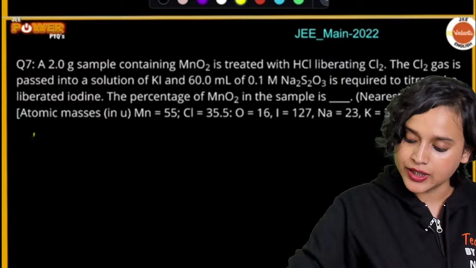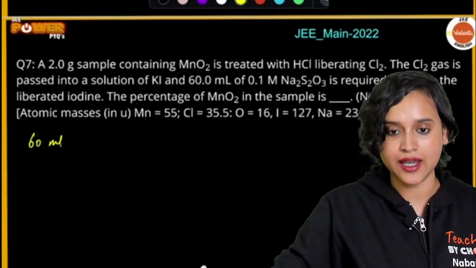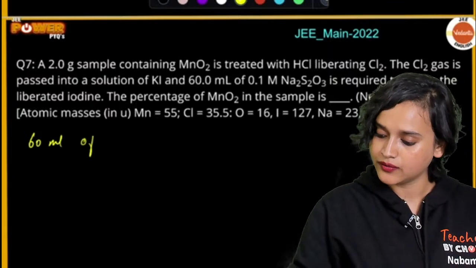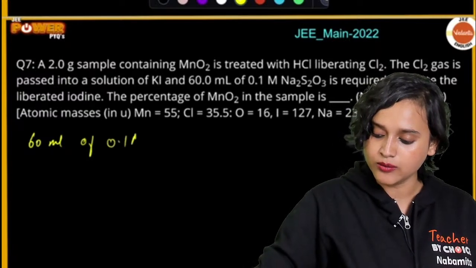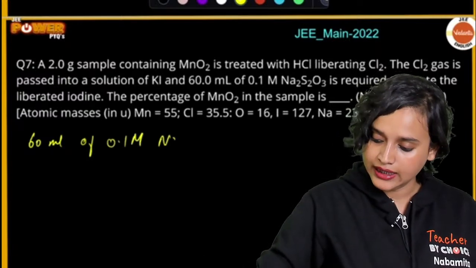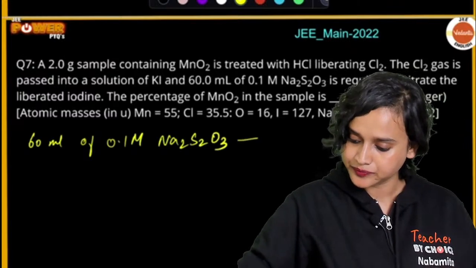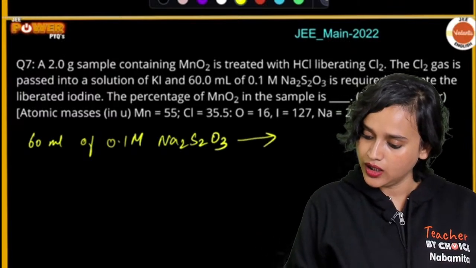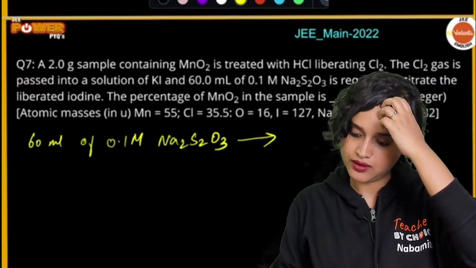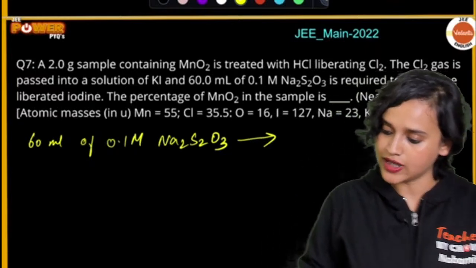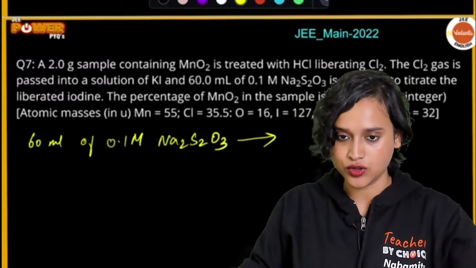So basically, we say that 60 ml of 0.1 molar Na2S2O3 should be equivalent to the Cl2 from the 2.0 gram sample.